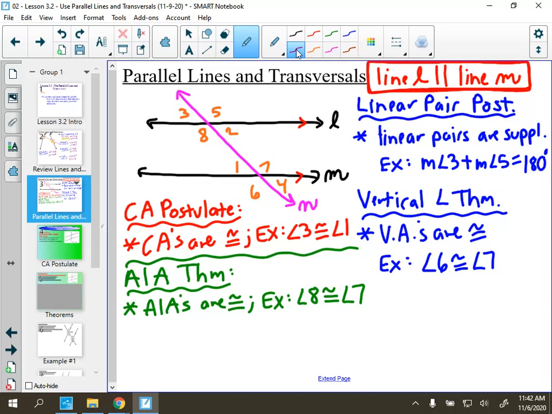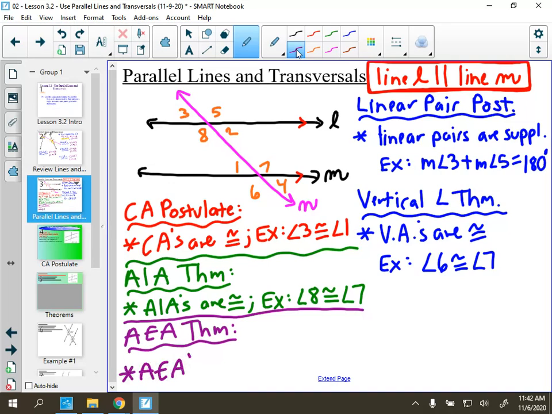I think we did alternate exterior angles. So you better believe that we have an alternate exterior angle theorem, which says that alternate exterior angles are, dun dun dun, what? 5 and 6. 5 is alternate exterior with 6.